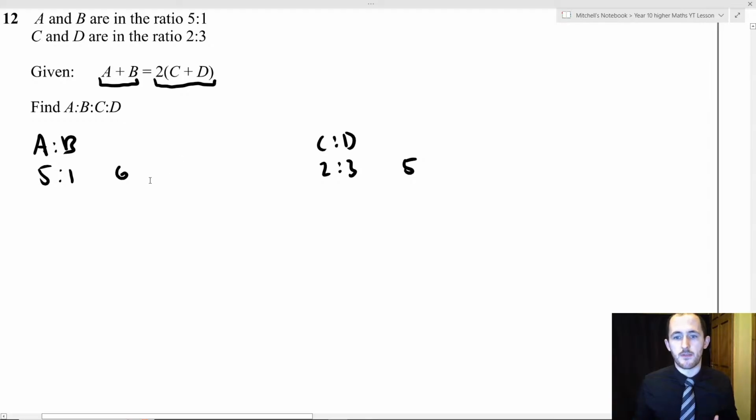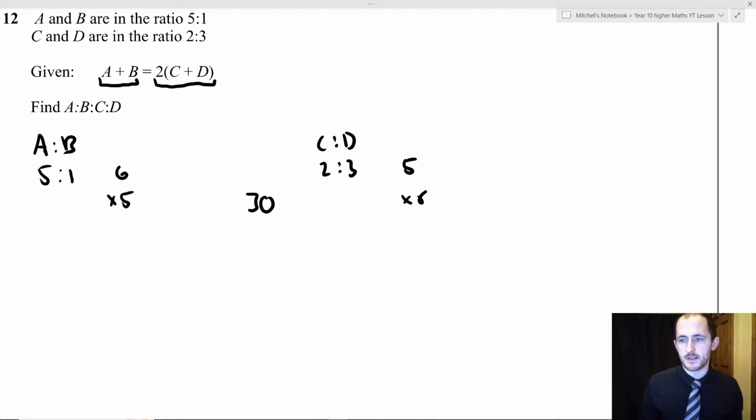So I need to work out the lowest common multiple of 6 and 5. Does that make sense so far? Okay. So the lowest common multiple of 6 and 5 is 30. So to do that, I times this one all by 5. I times this one all by 6.